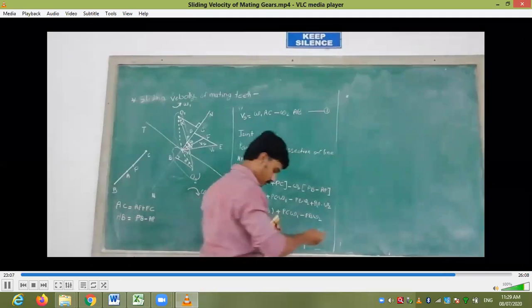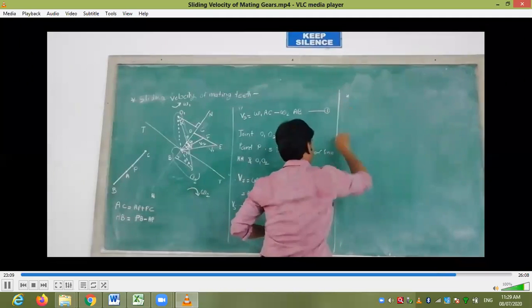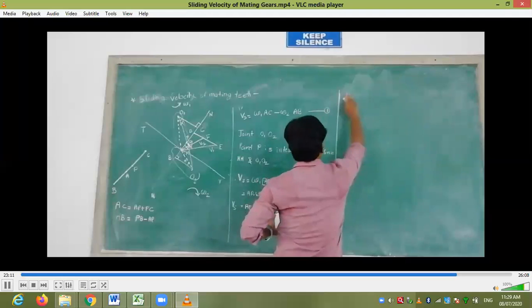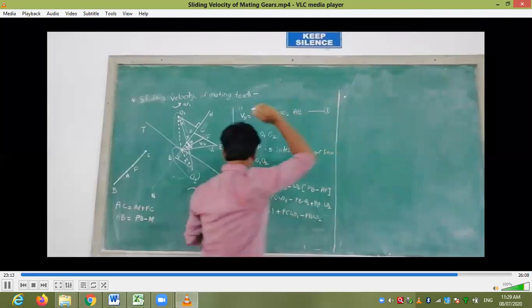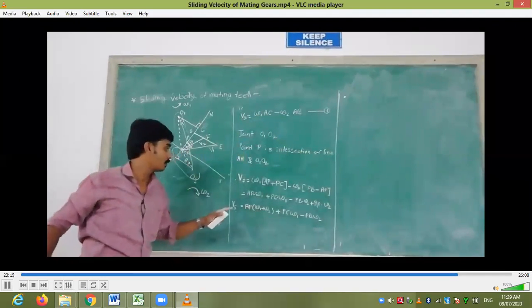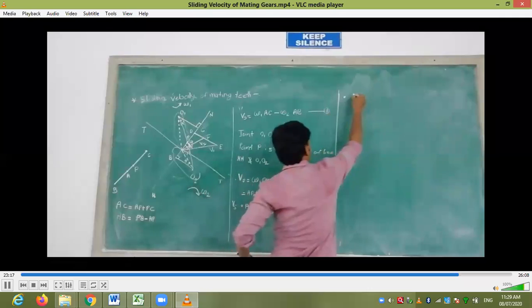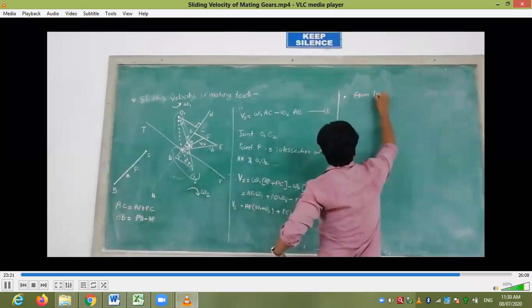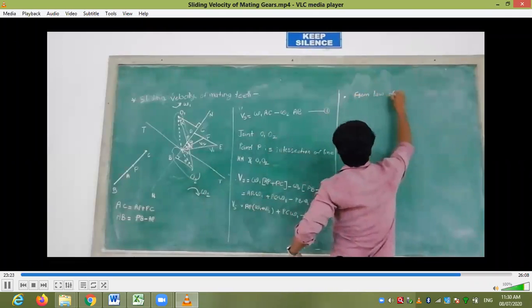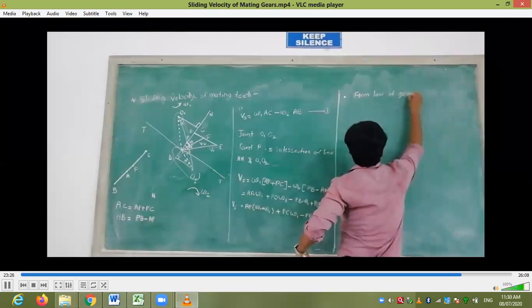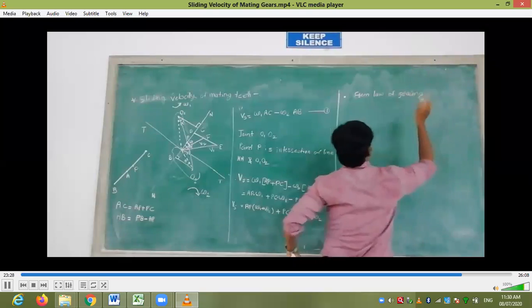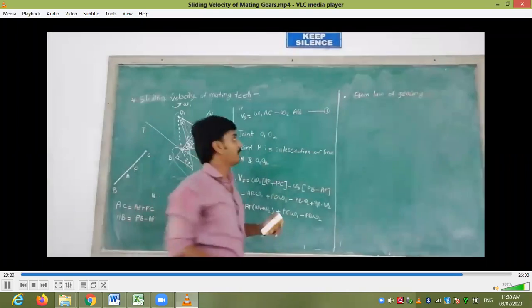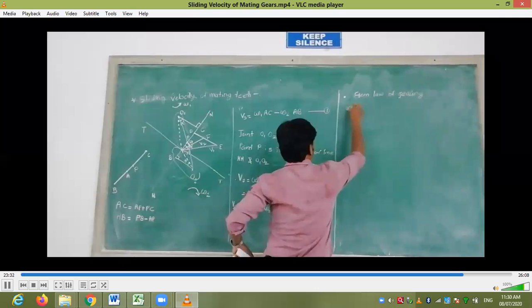Now, from the law of gearing, we also learn about the law of gearing. What is the law of gearing?